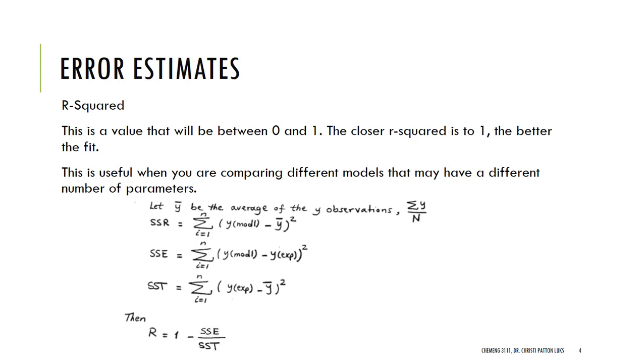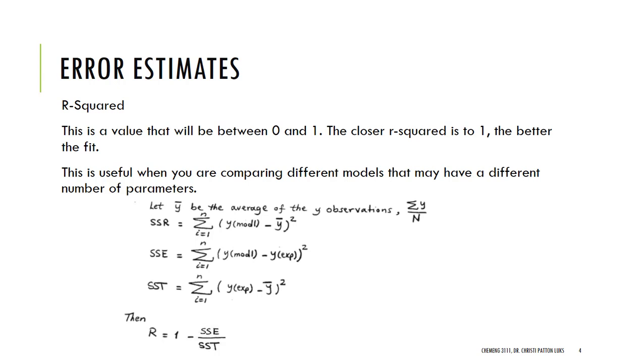One is the sum of squared residuals, where I take y for my model minus the average y from my data and square that in each case. There's also a sum of squared errors, which is simply the deviations we looked at earlier, y for the model minus y for the experiment. Those differences squared and added up is the SSE value.